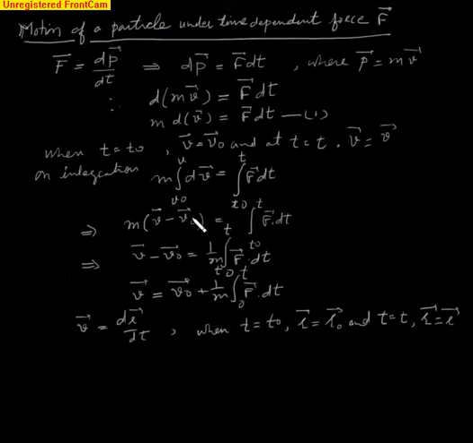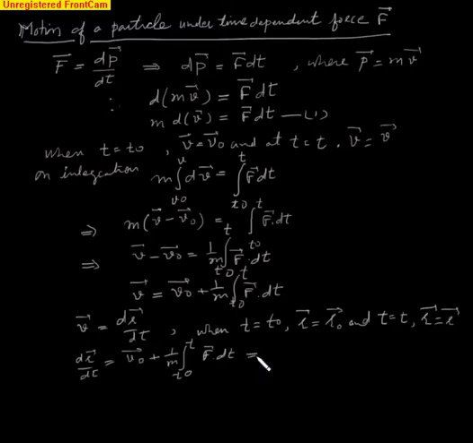Therefore, we write this equation in terms of r. We write v as dr by dt on the left hand side, and the right hand side as it is, v naught plus 1 over m integration again from t0 to t, F dt.